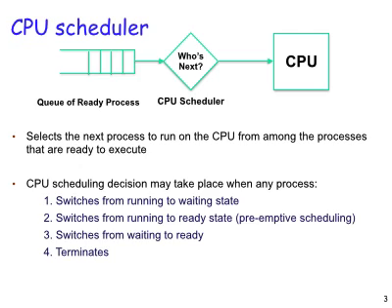Similarly, when a process switches from waiting to ready state, then at this point the CPU scheduler may again be invoked to switch control of the CPU to another process. Finally, when a process terminates or dies, then obviously the CPU has to be occupied again by another process. So in all these cases, a CPU scheduler can be invoked.